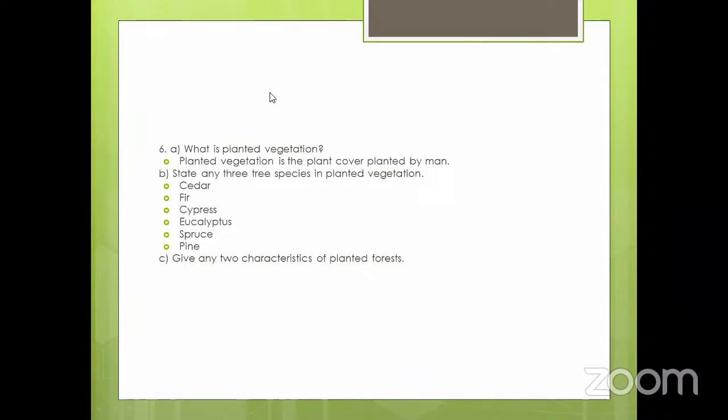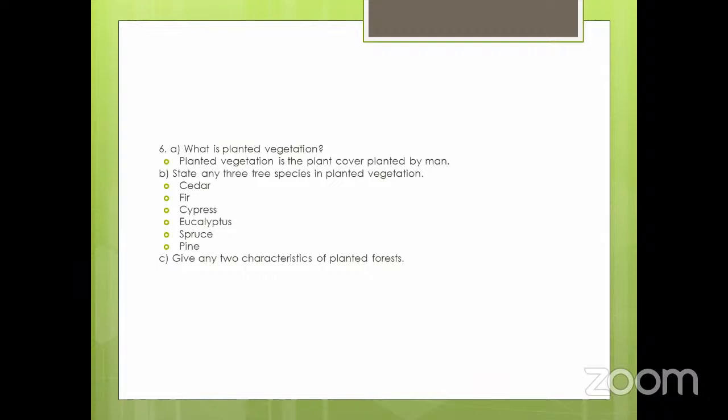Give any two characteristics of planted forests. Do we know some of the characteristics of planted forests? Yes, Joseph.